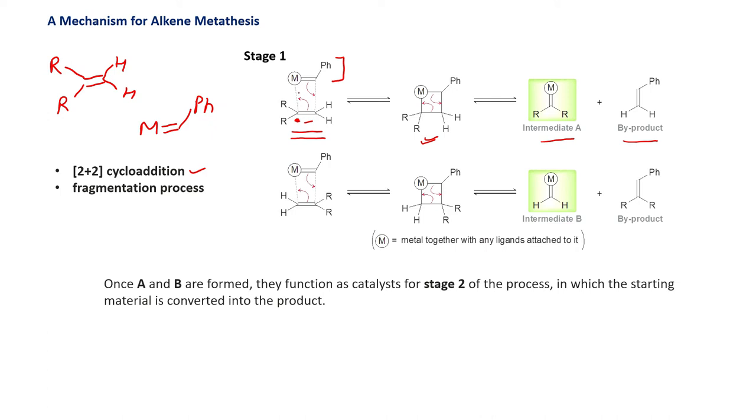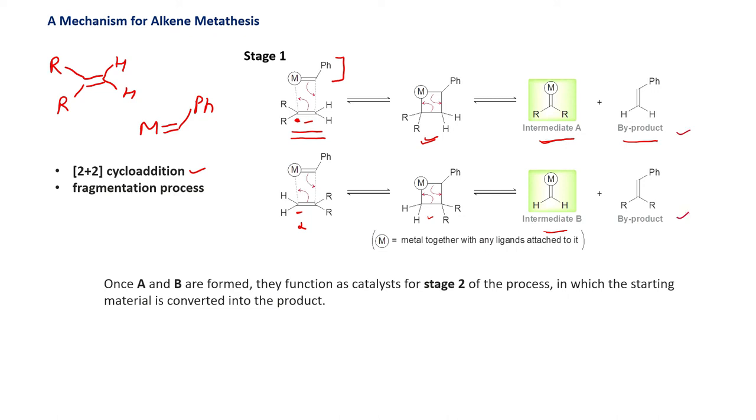So your metal is going with the maximum or highly substituted carbon, and in this case you can see your metal is going with the carbon having less substitution. So there are both chances, and you will get your intermediate A and intermediate B. First there is ring formation and finally this ring will open and give you intermediate A and intermediate B plus byproduct.